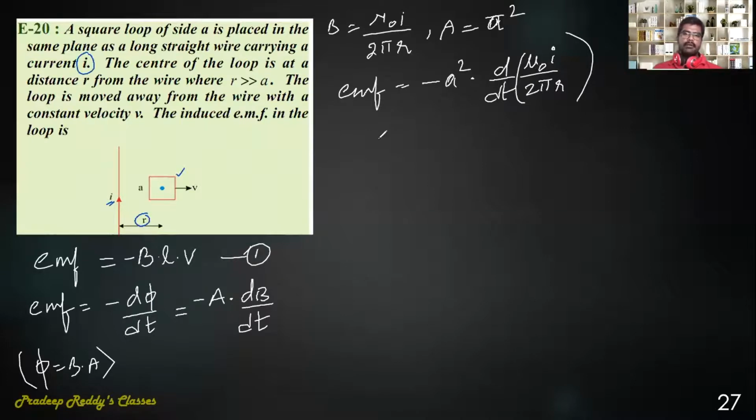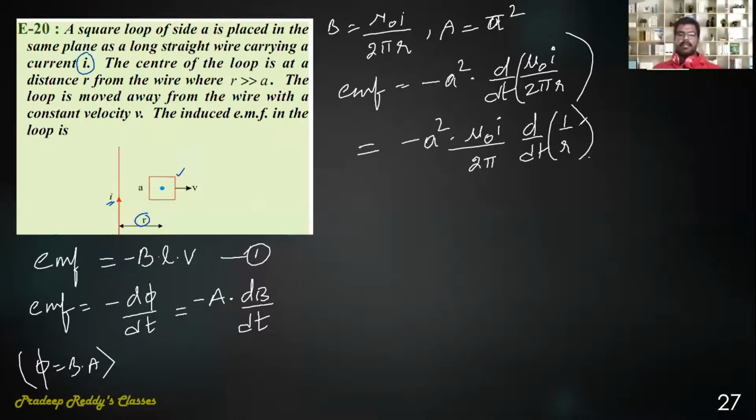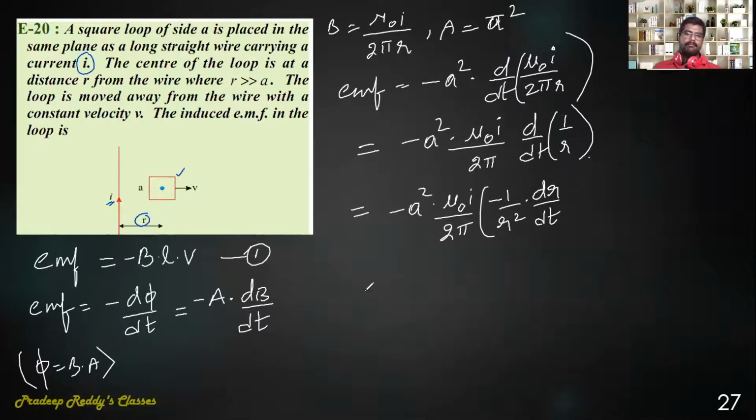Now you can just bring out the constants. Minus A square mu naught I divided by 2 pi is constant. It is d by dt of 1 by r. This is variable. It is minus A square into mu naught I divided by 2 pi. It is 1 by r, d by dx of 1 by x is equal to minus 1 by x square. It is minus 1 divided by r square into dr divided by dt.